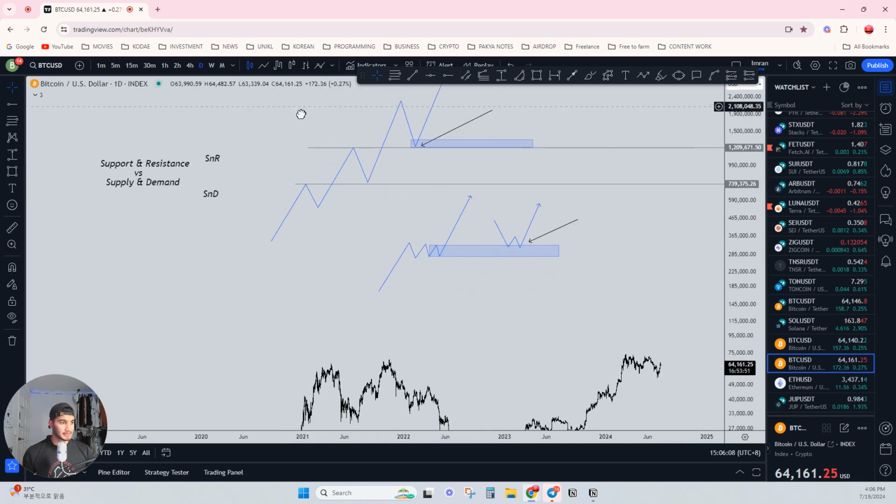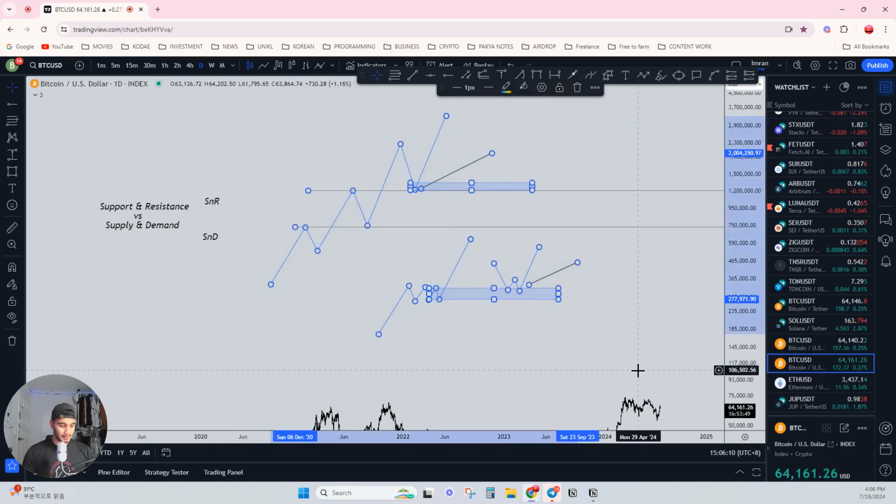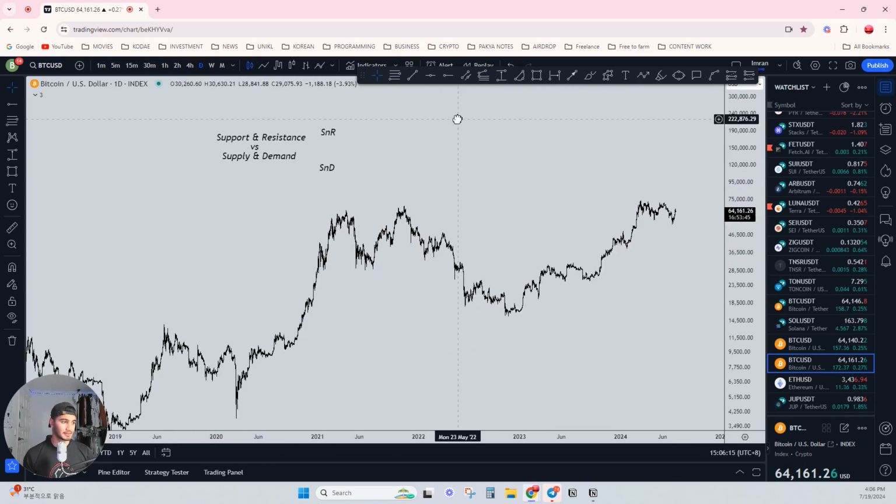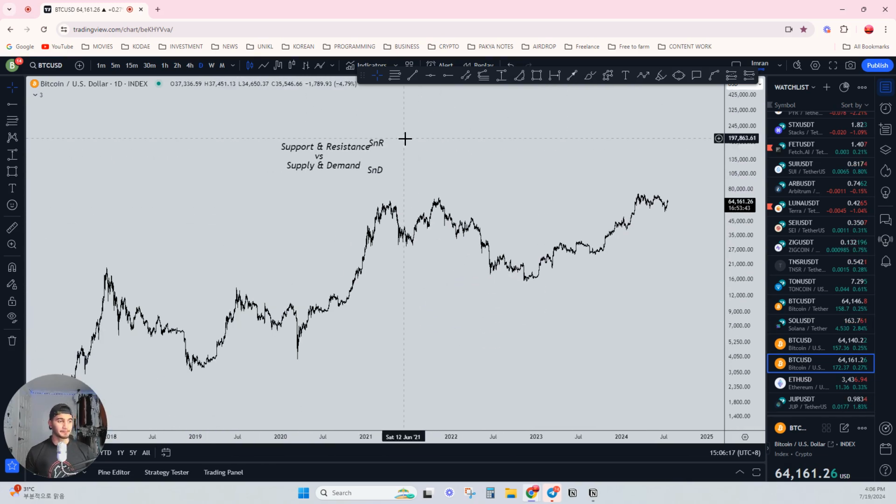Let me clear this up, and we're going to go directly into the charts, a real chart. This is a tip for you to easily identify support and resistance: you can change into a line chart. This is a candlestick chart.